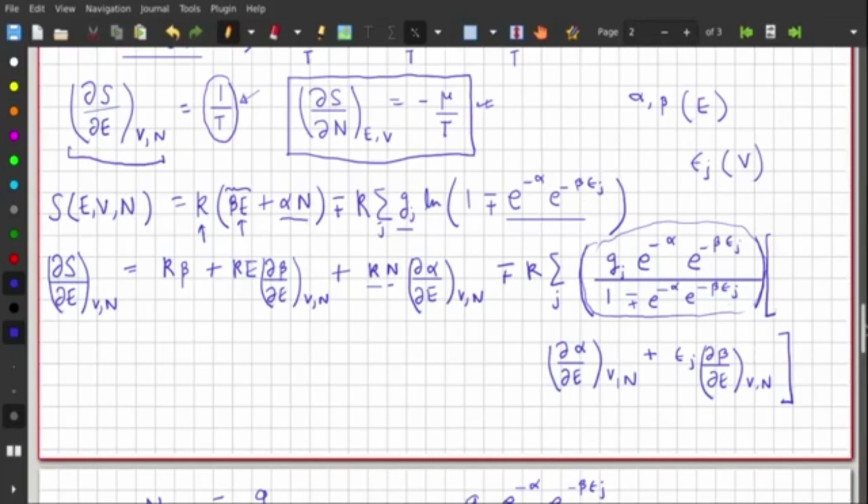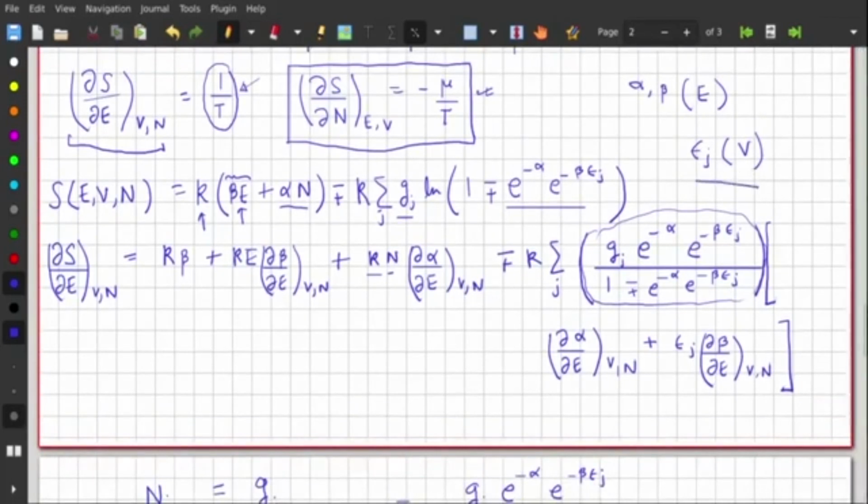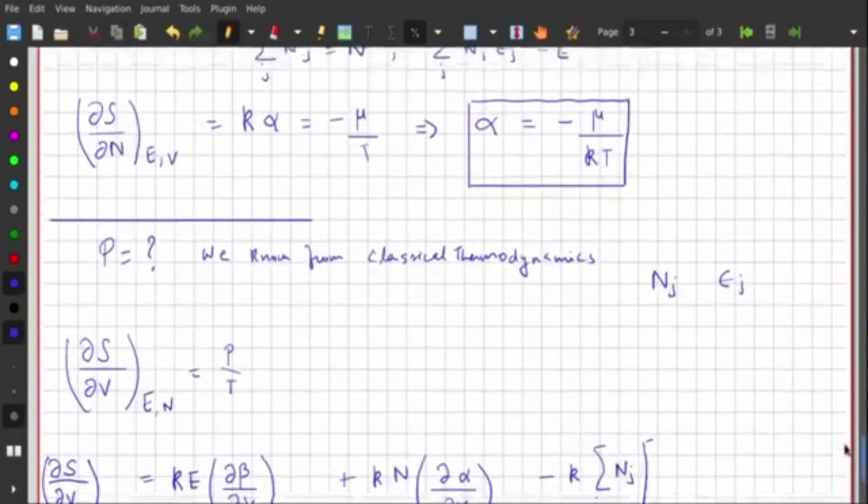Epsilon j is a function of the total size of the system that we are dealing with.